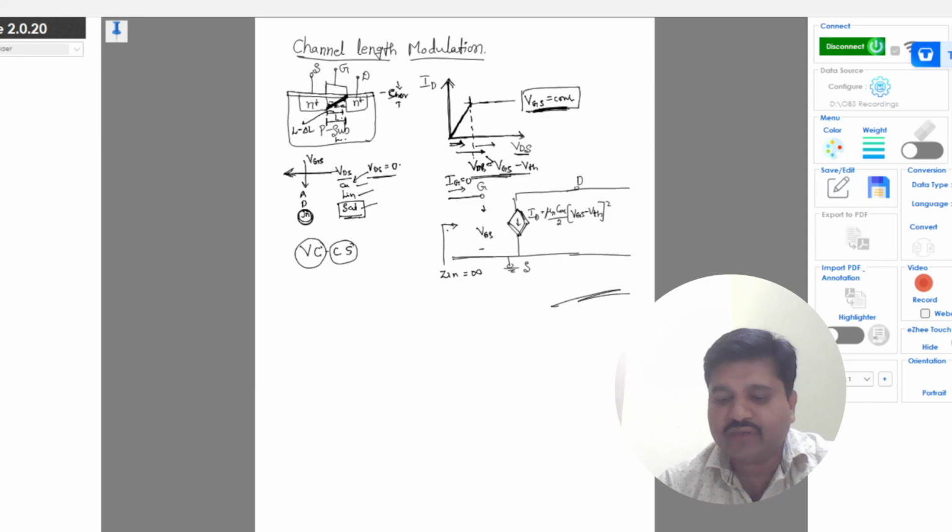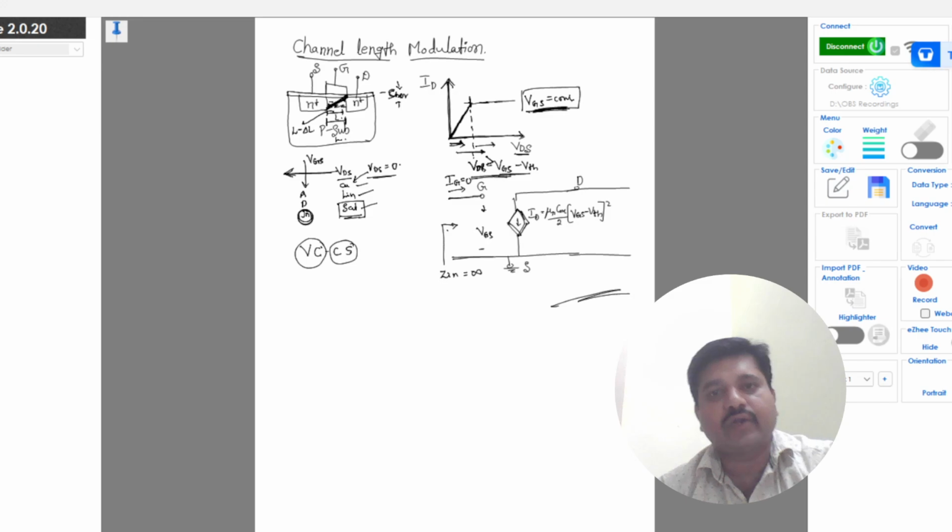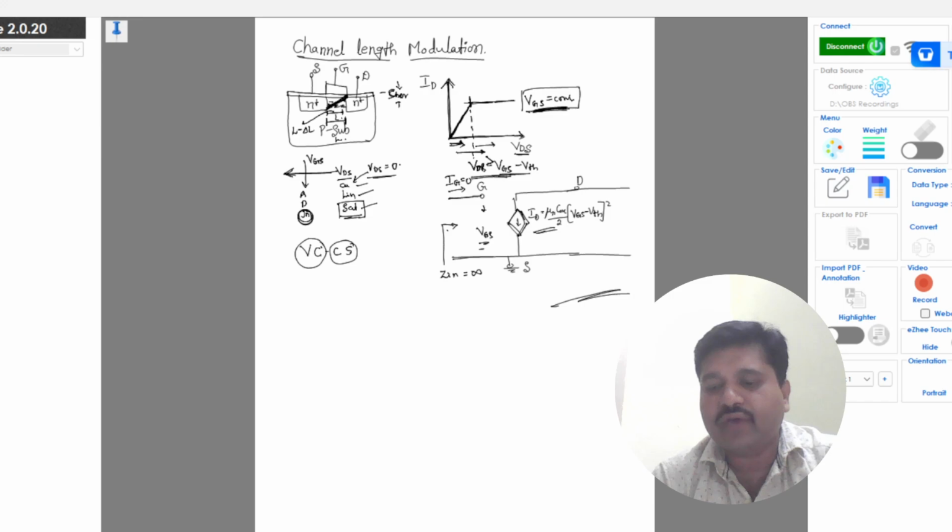So it is a voltage controlled current source. The output current is controlled by the input voltage, which is VGS, and this is the saturation current equation we are representing for the saturation region of the MOSFET in the output characteristics shown here.